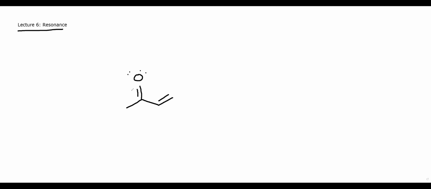So we saw an example where we had a C double bond O. Okay, so the first resonance structure you can draw when you have a C double bond O is you can take the pi bond from the C double bond O and turn it into a lone pair on oxygen. Now you can't turn it into a lone pair on carbon. You don't want to do that because we don't want oxygen to have 6 electrons, right?